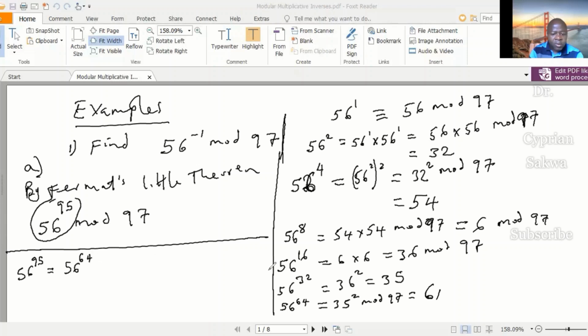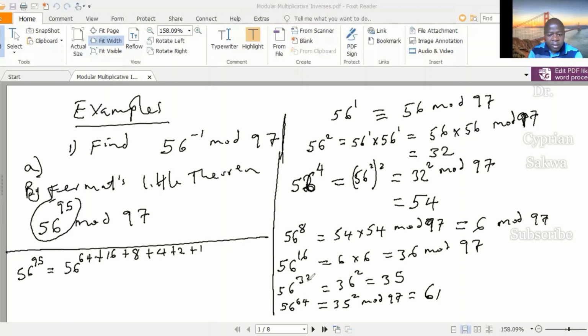So I'm looking at which of these numbers, if I add, I get 95. I can see that if I have 64 plus 16, that would be 80, plus 8, that would be 88, then plus 4, that would be 92, plus 2, that would be 94, plus 1, that would be 95.